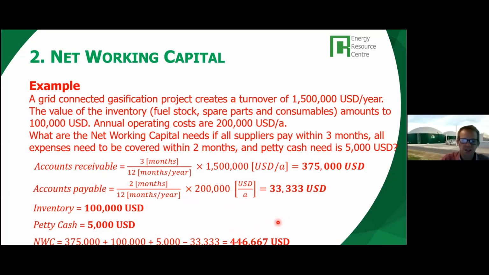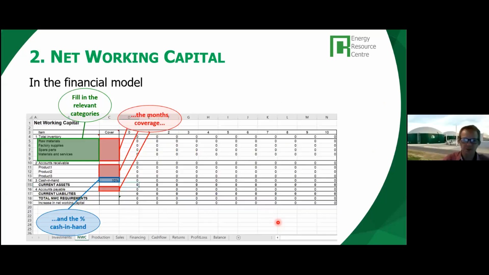And this is a calculation by hand, but as you may see in your financial model, it would be a matter of selecting the right elements to be covered from the production cost sheet, defining the months of coverage needed and the percentage of cash in hand, and the model will do the rest, for the initial year but also for the whole project period.